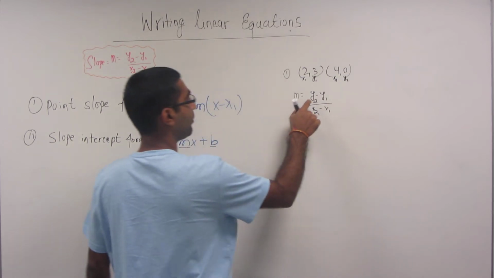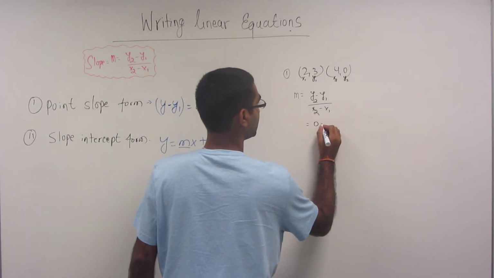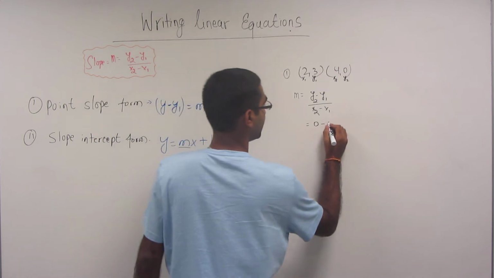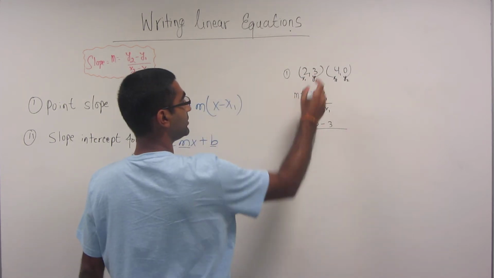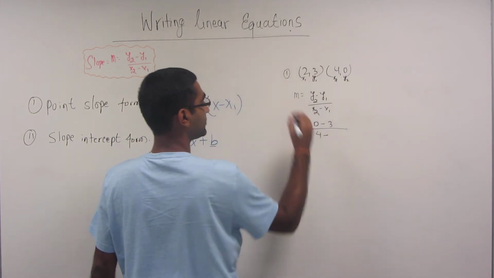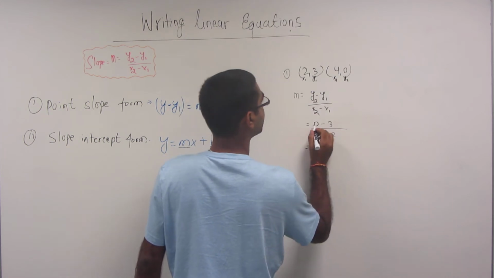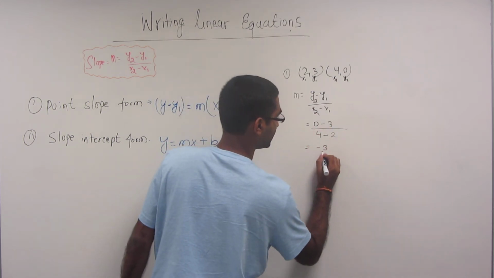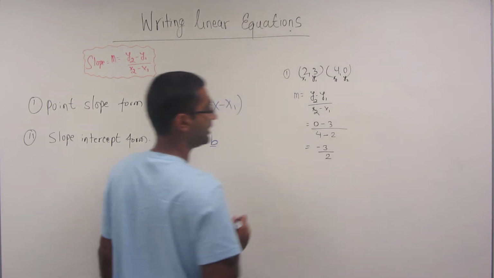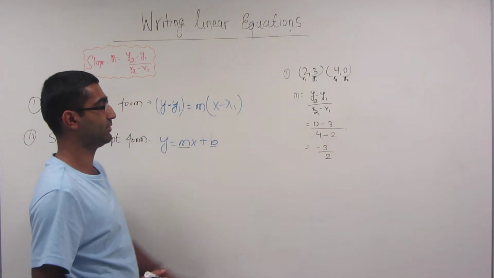All right. Now y2 is 0 minus y1 is 3, and x2 is 4, x1 is 2. That gives us 0 minus 3 is minus 3 over 4 minus 2 is 2. So our slope is negative 3 over 2.